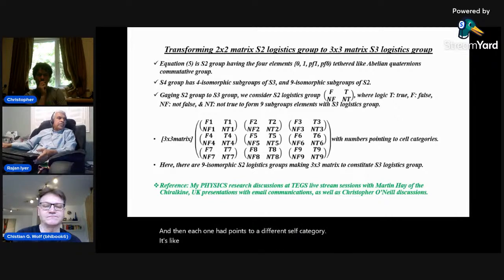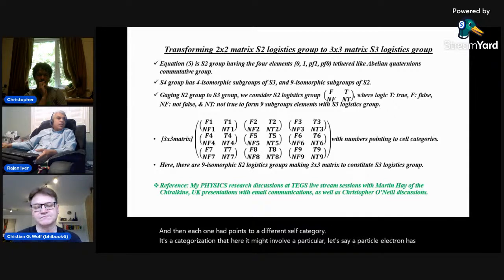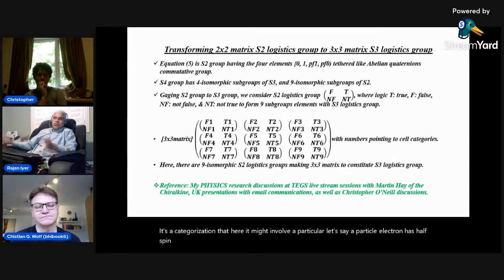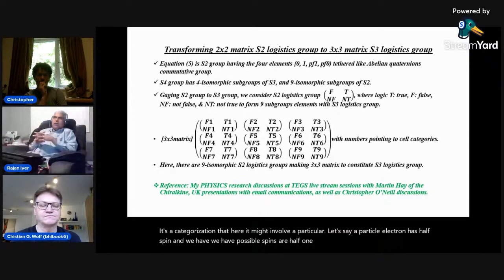It's a categorization that might involve a particular particle, let's say an electron has half spin, and the possible spins are half, 1, things like that. We can also go up to 2 for the graviton.